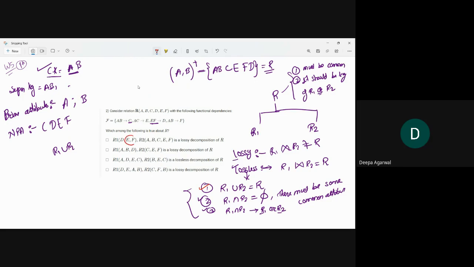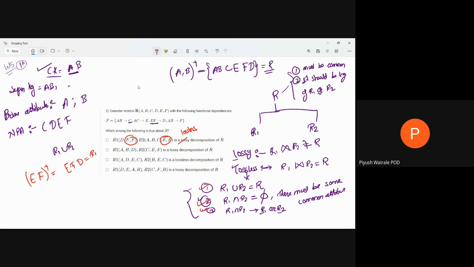E and F. Now whether E and F will give me R1 or R2, how to check that? Just take the closure of EF based on this functional dependency set: EFD. This is R1, right? So this condition is getting satisfied, so this is lossless decomposition. So this option is not correct.